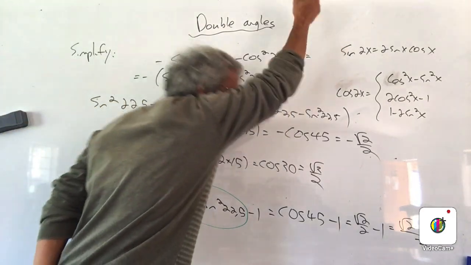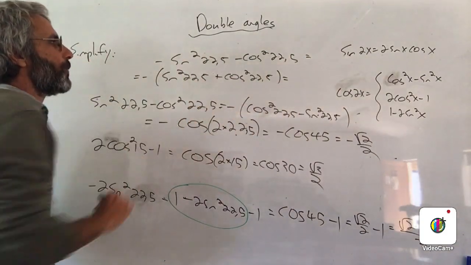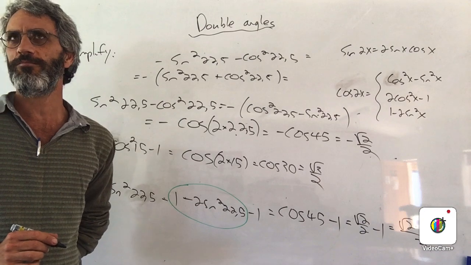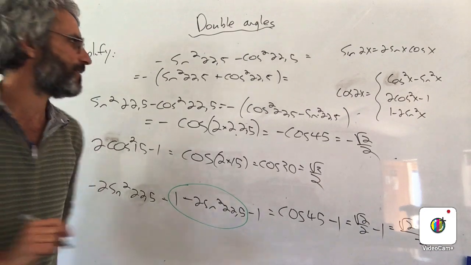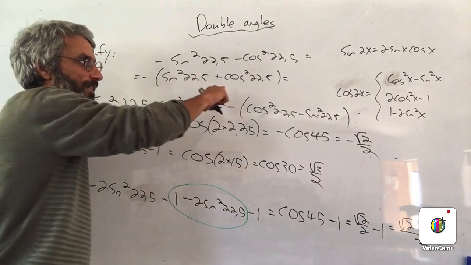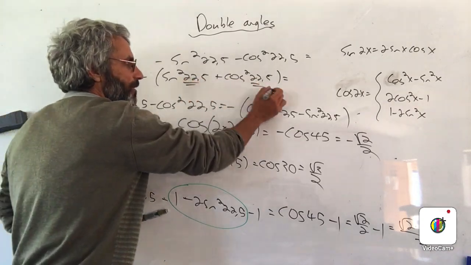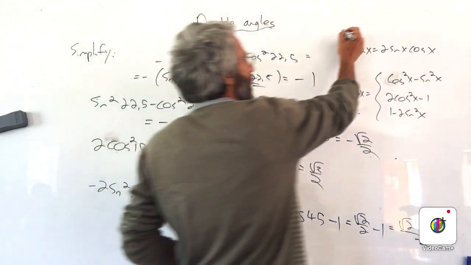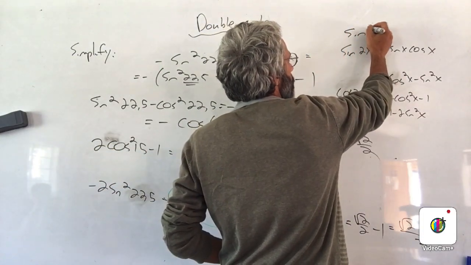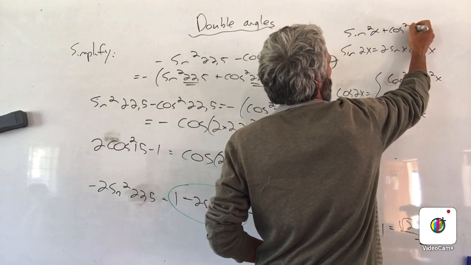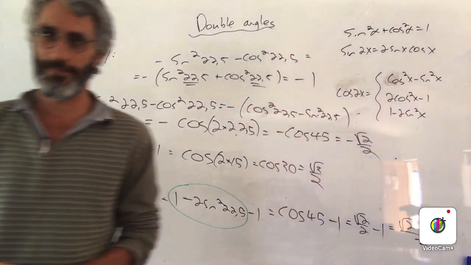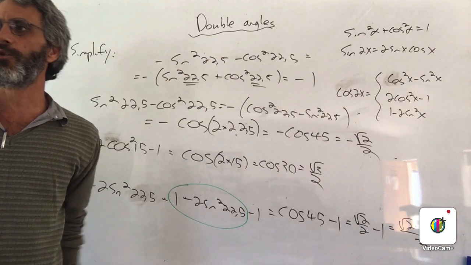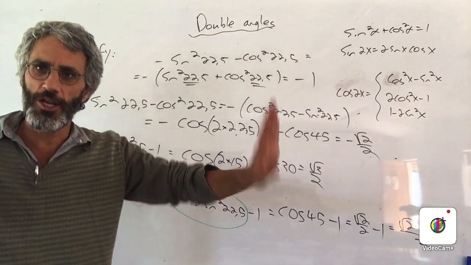Now, guys, you should know what sine squared plus cosine squared is. If I have the same angle, that's just simply 1. Don't forget that, that's an identity. Sine squared alpha plus cosine squared alpha is always 1. Remember that. I just have minus, so it's minus 1. Okay, we'll finish here. Goodbye.